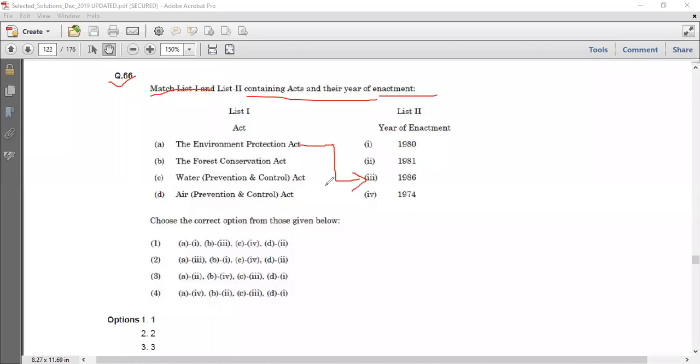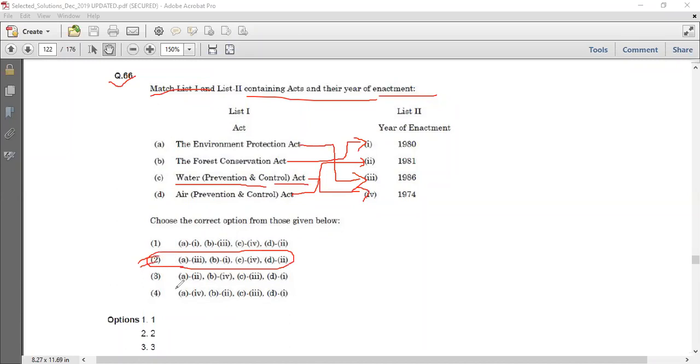Then we have the Forest Conservation Act 1980, which will go to 1. Then the Water Prevention and Control of Pollution Act 1974, and then the Air Prevention and Control of Pollution Act 1981. You can match it like this. So according to the correct matches, the second choice is the correct answer.